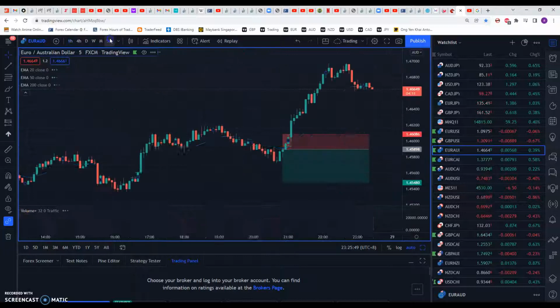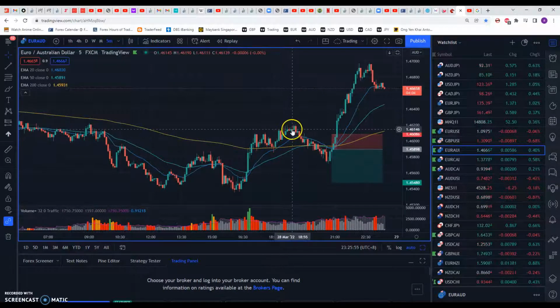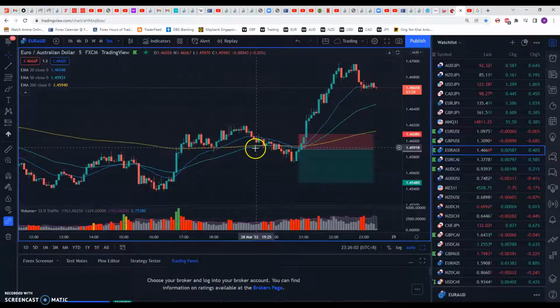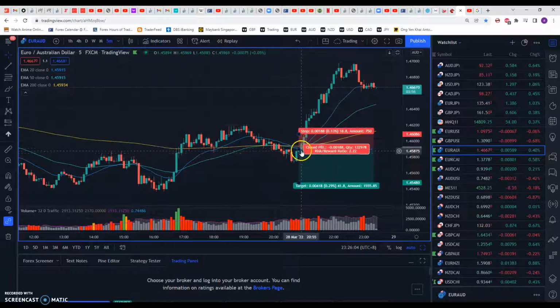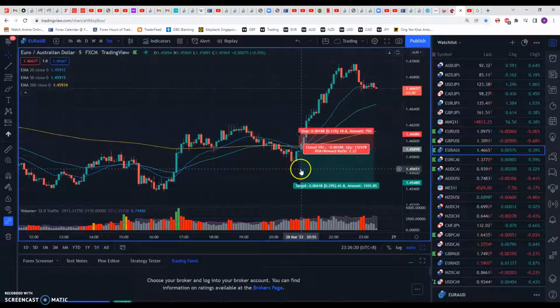So in the 5 minutes, you can see that the buyers tried, and it got taken out, leaving a trap area over here, and price came back to this level of trap, and I actually took a sell position over here, with my stop loss above this trap area.